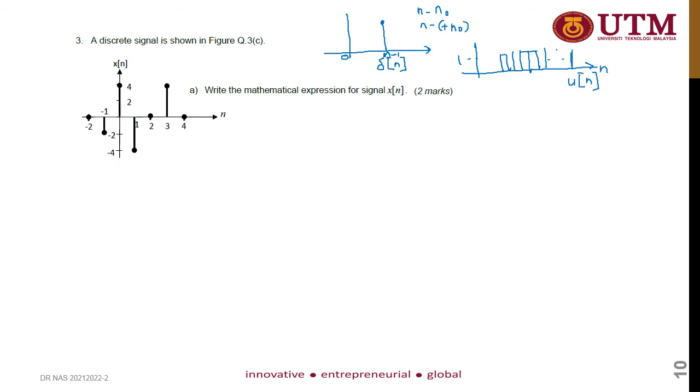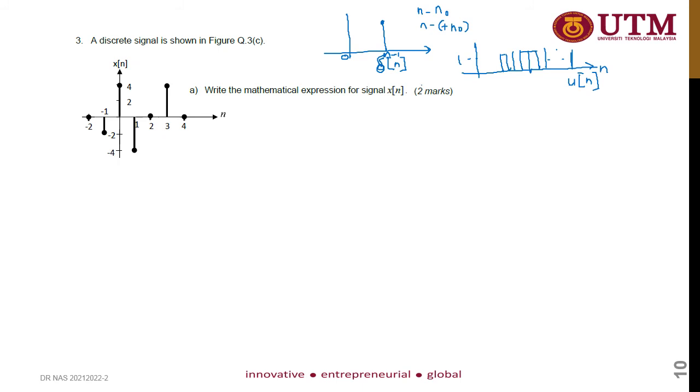If you have only a single impulse at a certain position, you should represent it with the delta function. So in this case, let's look at the signal you have. It has multiple impulses at different positions, so you need to write your equation in delta n functions.